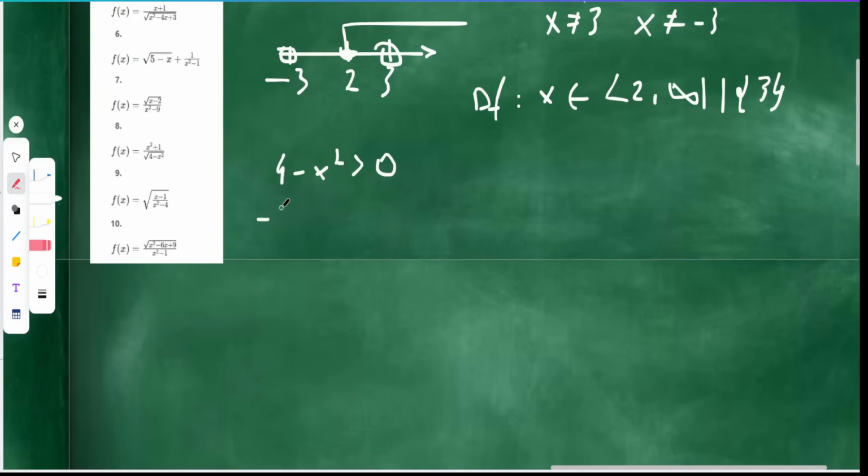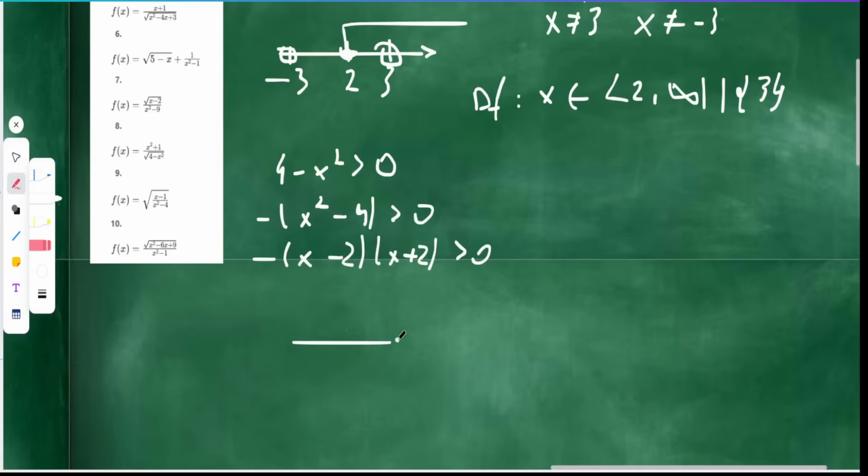Now, first of all, let's pull out the minus in front of the bracket, then we have x minus 4. Secondly, let's use the shortened multiplication formula, writing it down quickly. Now, let's draw a number line, minus 2, 2. In front of the bracket there is a minus, which means that this is minus 1.